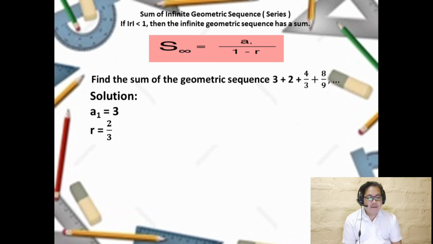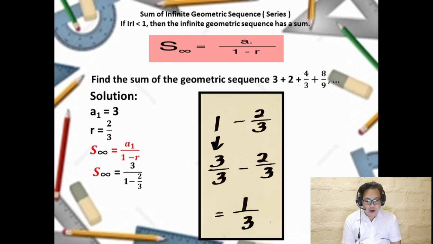Okay na, kapag meron na tayong a sub 1 at saka ang common ratio, pwede na nating i-plug in sa ating formula. So, S is equal to a sub 1 over 1 minus r. Then, ang a sub 1 natin is 3 over 1 minus ang r natin ay 2/3. So, again, 3 over 1 minus 2/3.